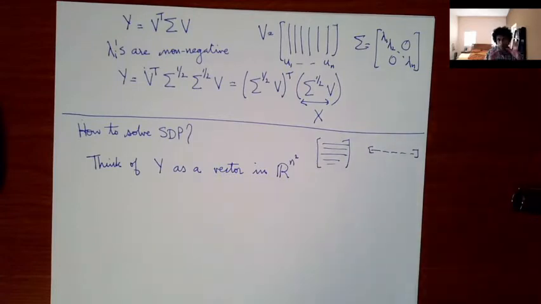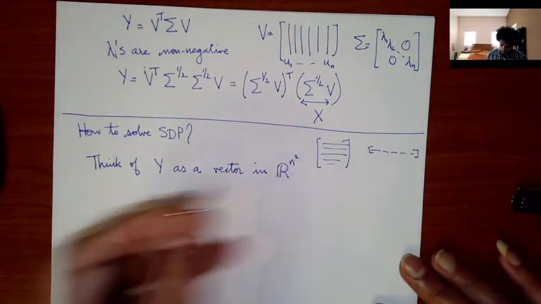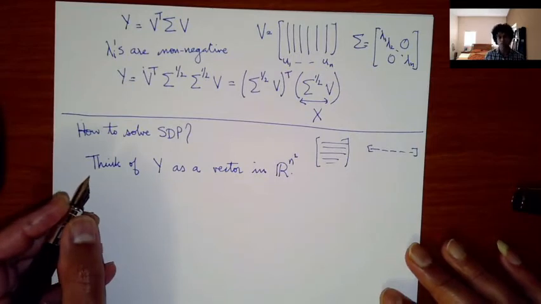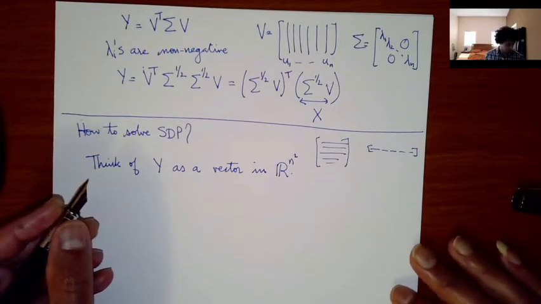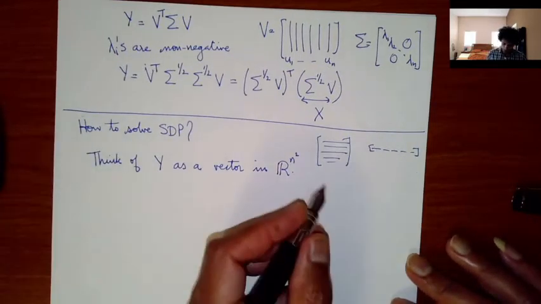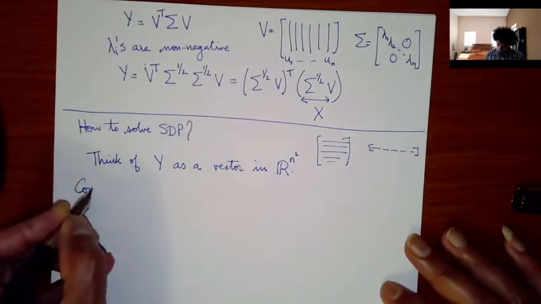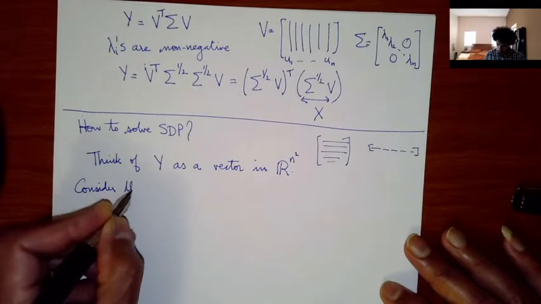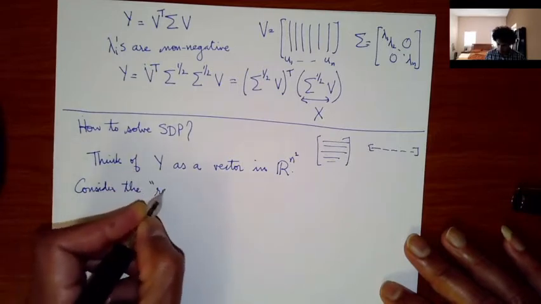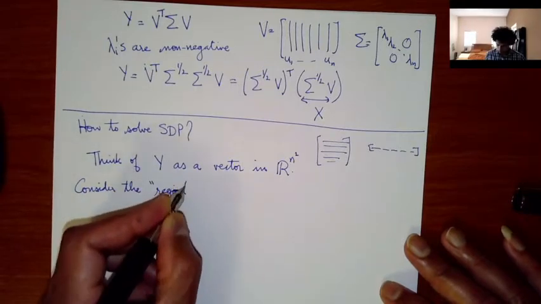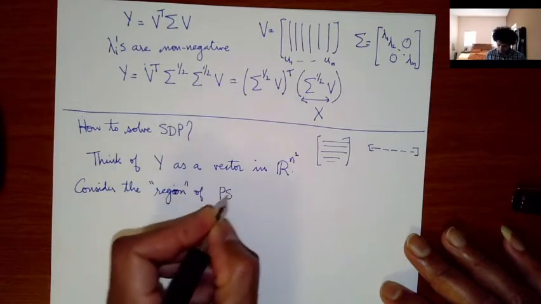So what I'm going to do is create a convex program. Think of Y as a vector. If you want to think of it as space, consider this the region of PSD matrices.